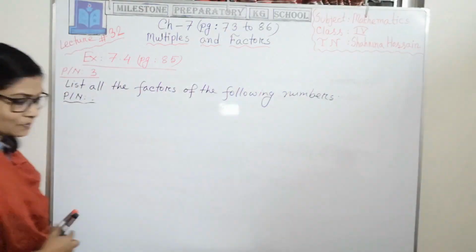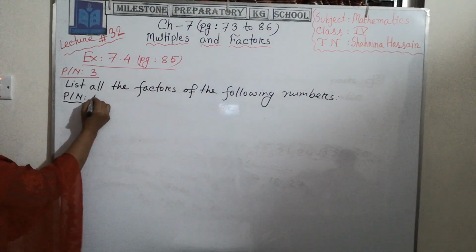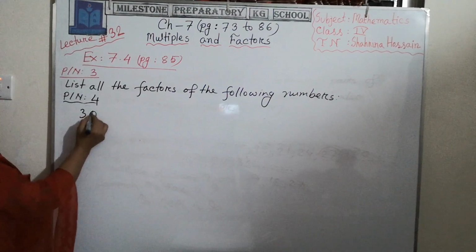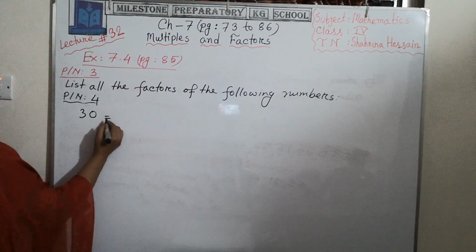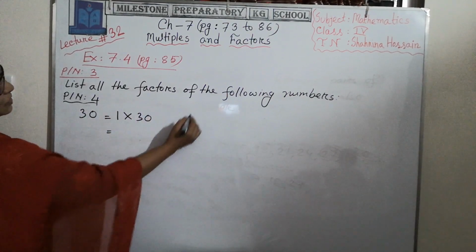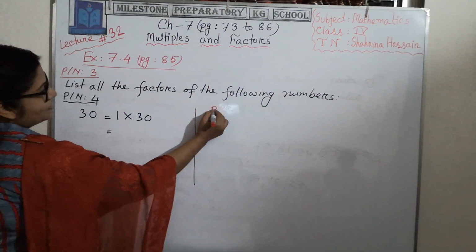Now I will do problem number 4. Here the number is 30. So how can we find the factors of 30? 1 thirty is 30. So we can do rough work on the right side.